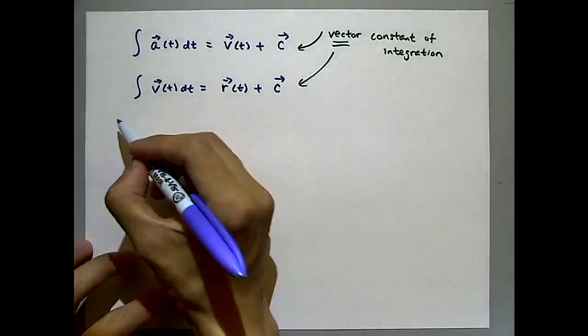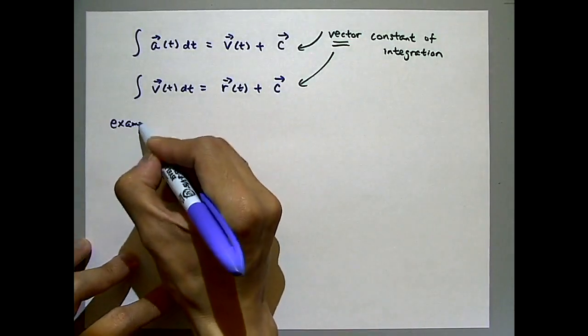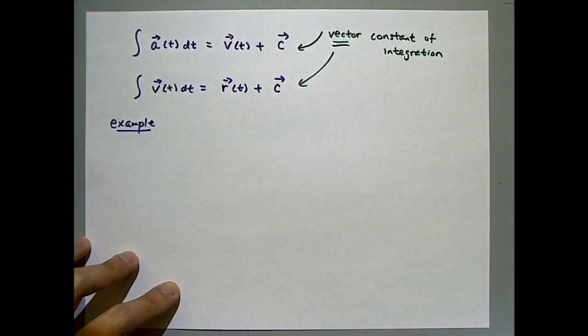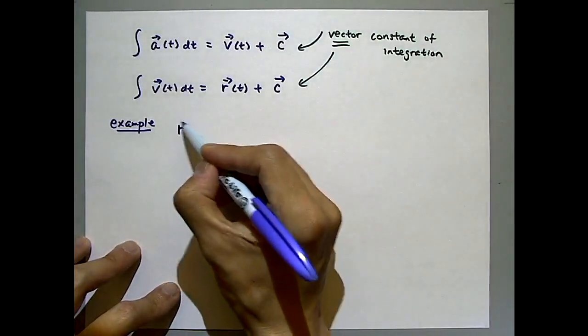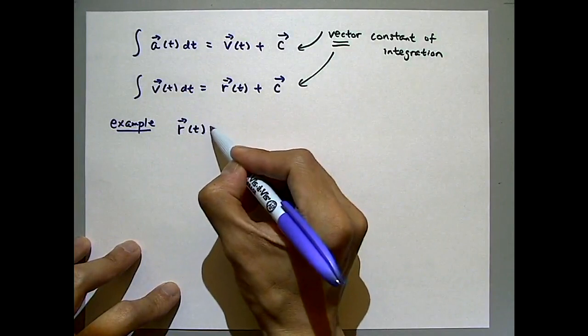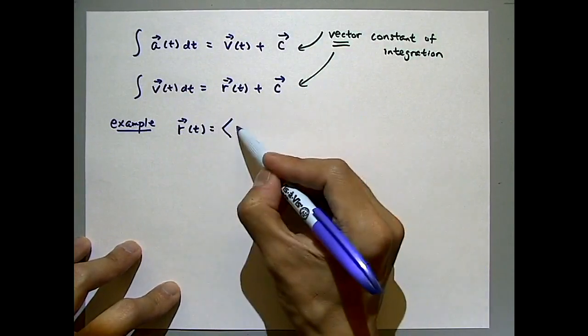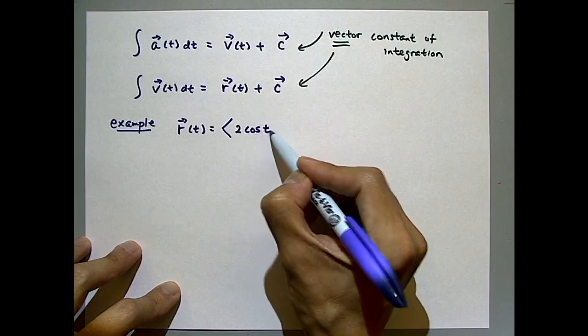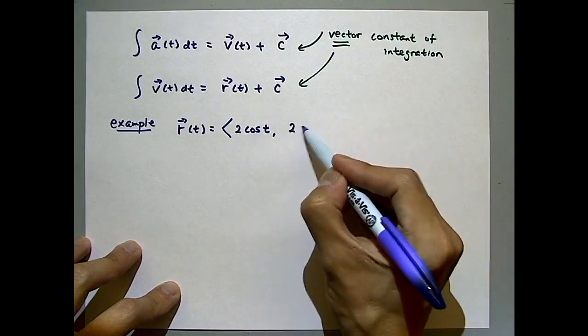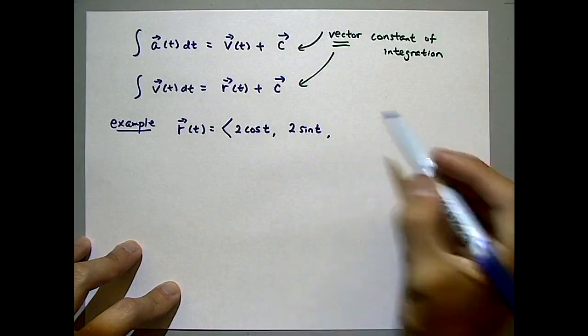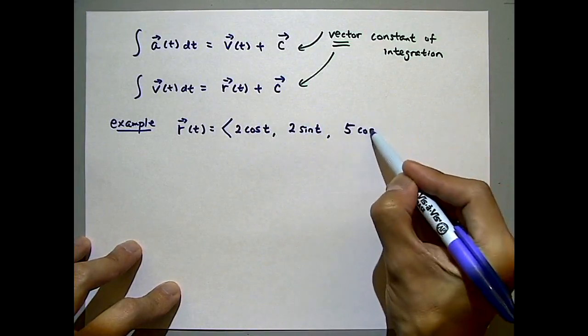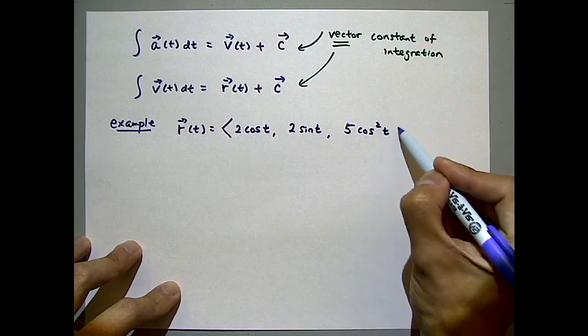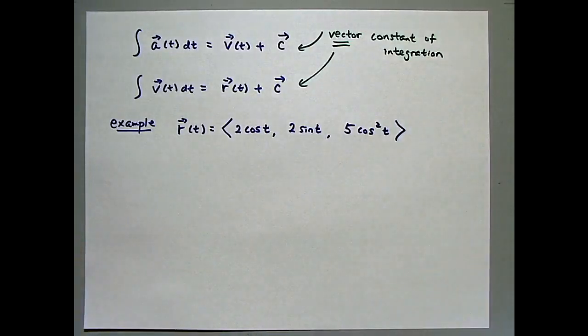All right, let's do one example with a few functions that we can differentiate and integrate and all that. This curve is 2 cosine t, 2 sine t, and 5 cosine squared.